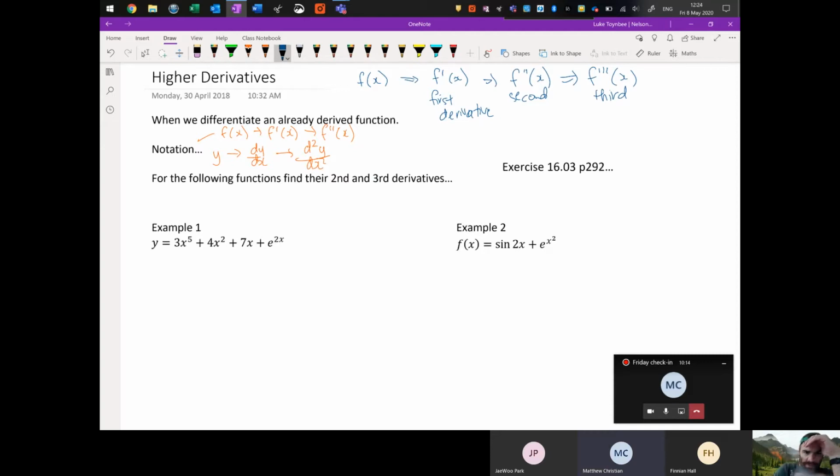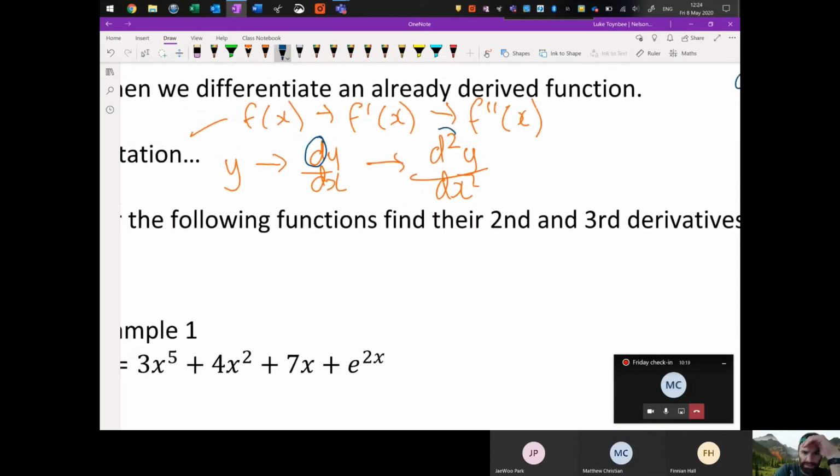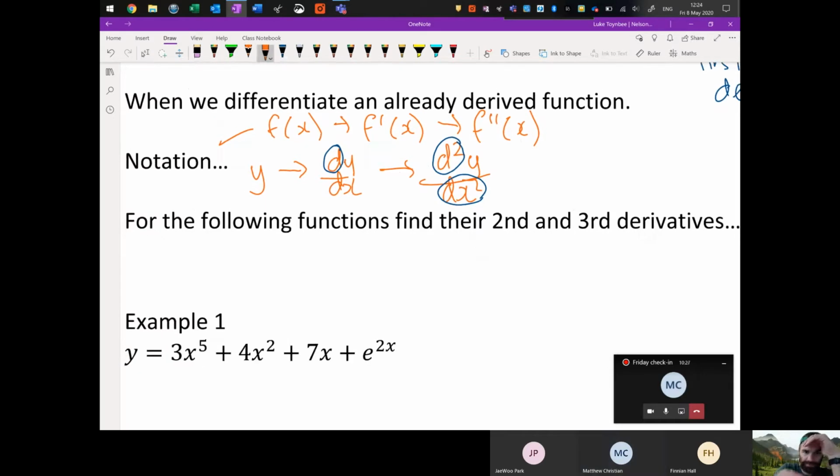How I view it is this d means I'm differentiating, so I'm differentiating for the second time with respect to x. Does that make sense? So the third derivative would be d cubed y over dx cubed.